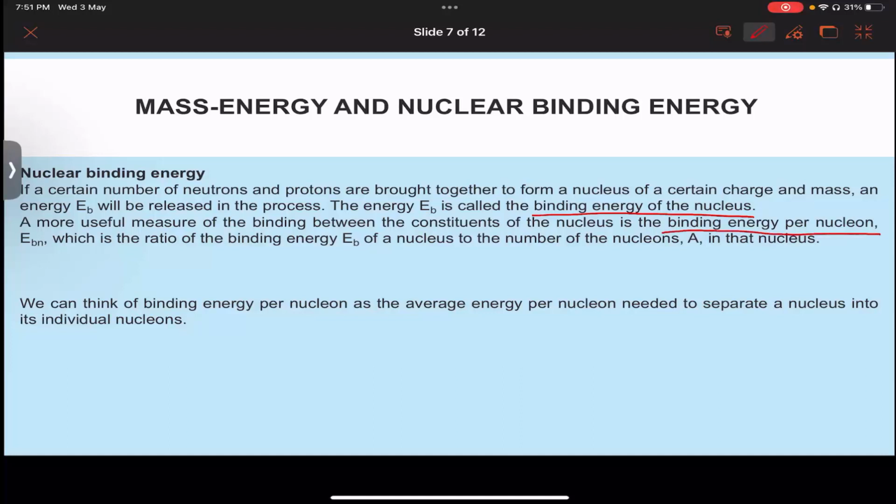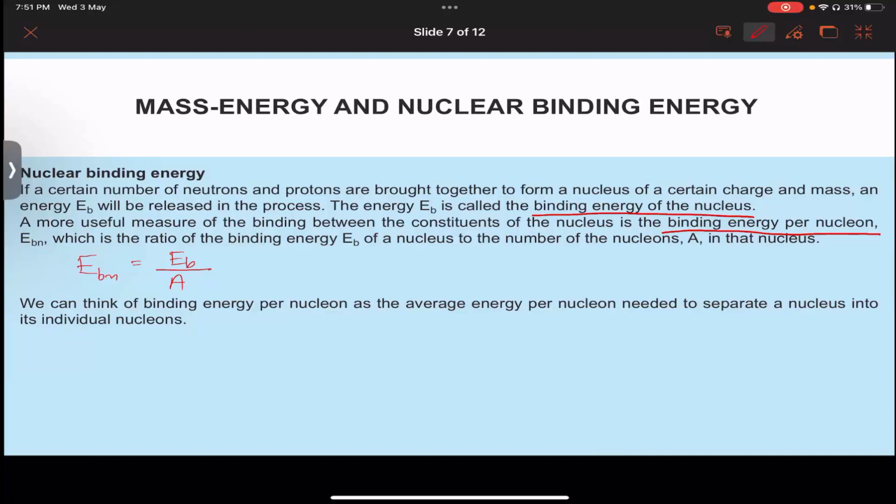This is a better understanding of how well bound the nucleons are in a nucleus. It is given as EBN, that is, the binding energy per nucleon is the binding energy divided by the atomic mass number, or the number of nucleons for that matter.